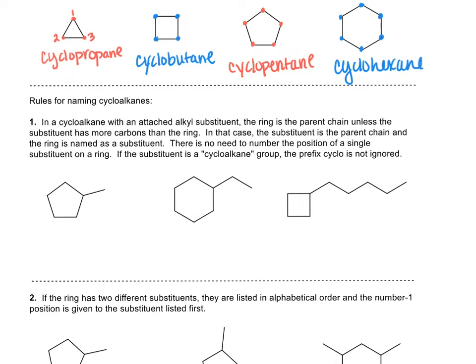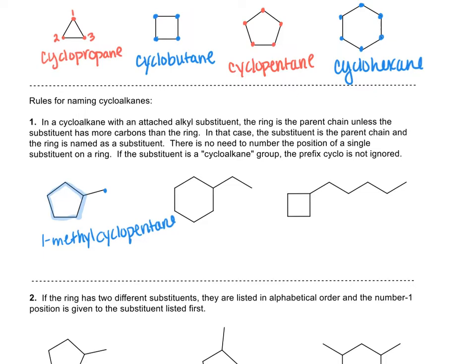The longest continuous chain is going to be the ring. So our ring is 5 here, and we have a methyl coming off of it. It's not wrong to say 1-methylcyclopentane, but you really don't need the 1 because there's no other place it could be. If you say methylcyclopentane, you would be able to draw the exact same structure.